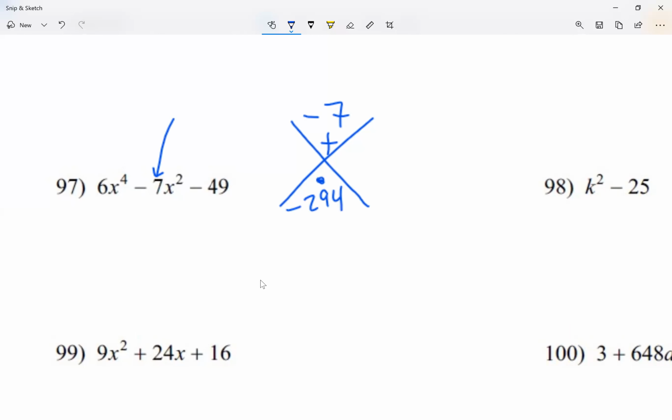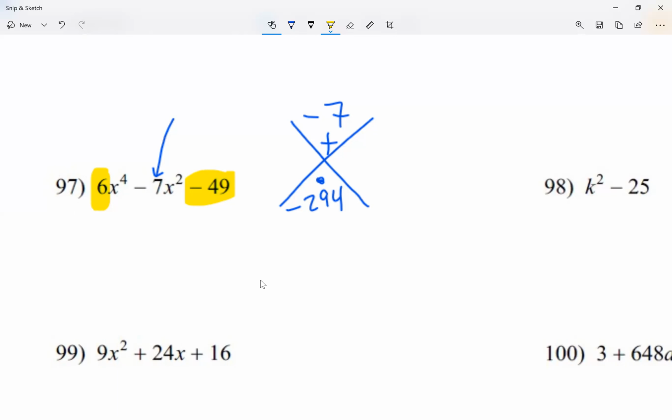Now, the 294, I multiply these two: 6 times -49. That's where I got the -294. So I'm looking for two numbers that multiplied equal -294, but when I add them, it's equal to -7.